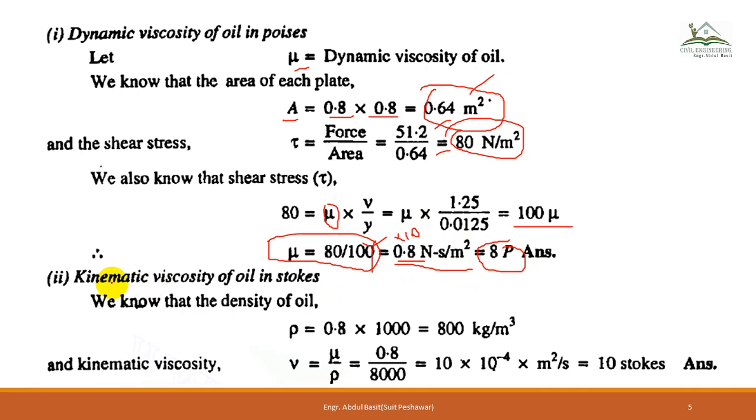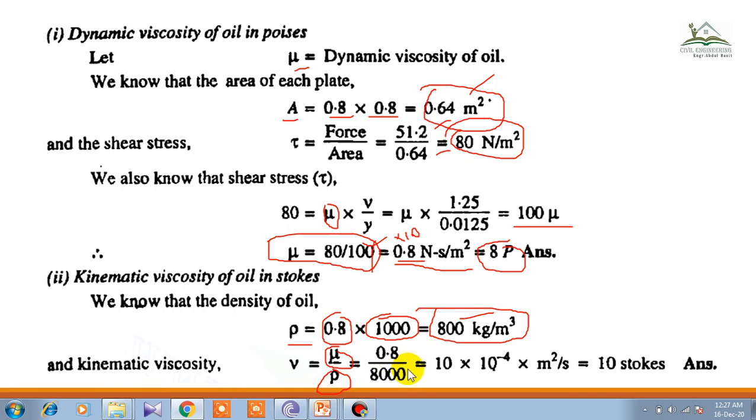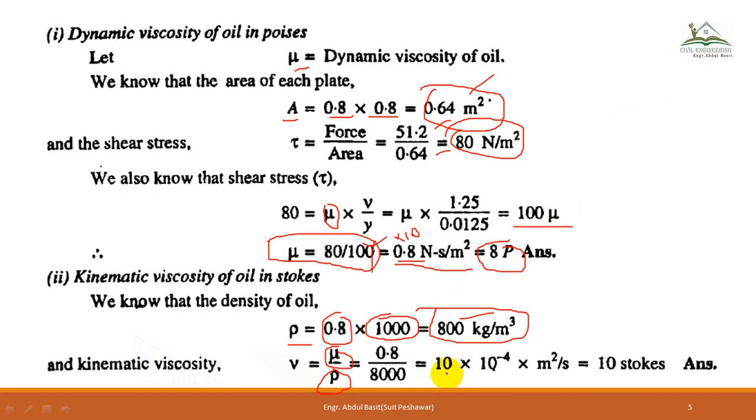Kinematic viscosity of oil in stokes will be equal to, densities need to be determined, specific gravity is given, multiply it with the density of water, so you will get the density of the oil. And this dynamic viscosity is given to us, and density is determined over here. Then putting the values you will get this is 10 multiplied by 10 to power minus 4 meters square per second.